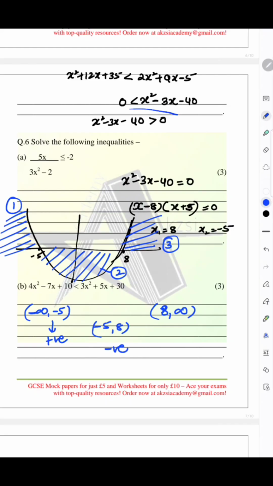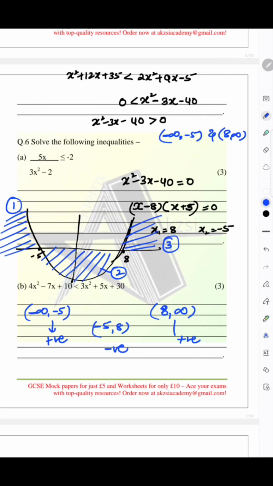In this case, our inequality is x squared minus 3x minus 40 greater than 0. That means greater than 0 represents the positive regions. So we have two positive regions, this one and this one. So my answer will be negative infinity to negative 5, union, 8 to infinity.